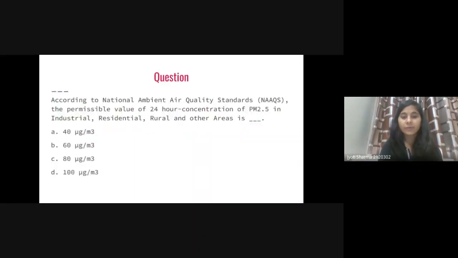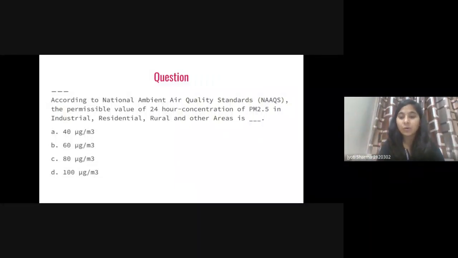My first question is about particulate matter 2.5, because we will talk about how we can measure it. Before that, you must know what the standard is, that is, the threshold above which we should not exceed.